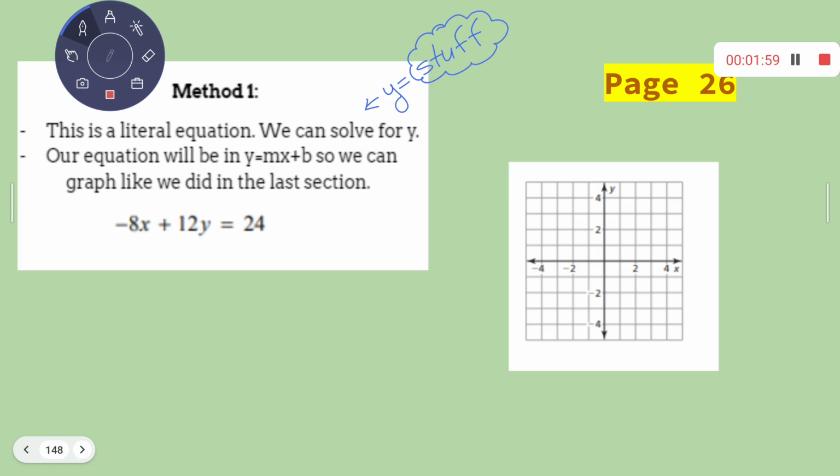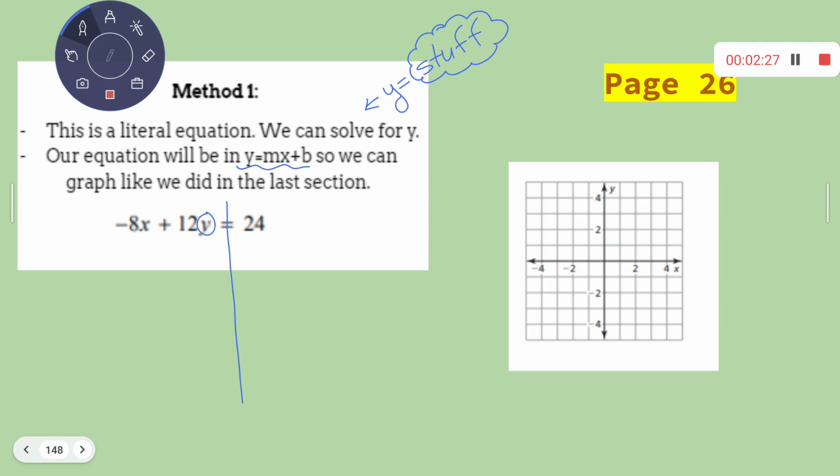We want to rearrange the equation so we have y all by itself on one side of the equal sign. The reason we did that in chapter 1 was to get you ready for chapter 3. If you notice, slope-intercept form has y all by itself on one side of the equal sign. So that's the first method when you have an equation in standard form, is to do some algebra to get it in slope-intercept form. So we want to get the y by itself.